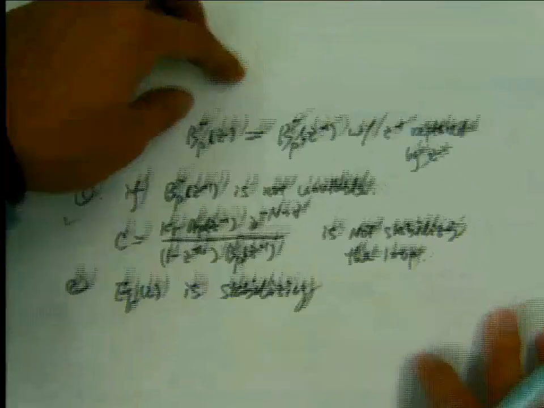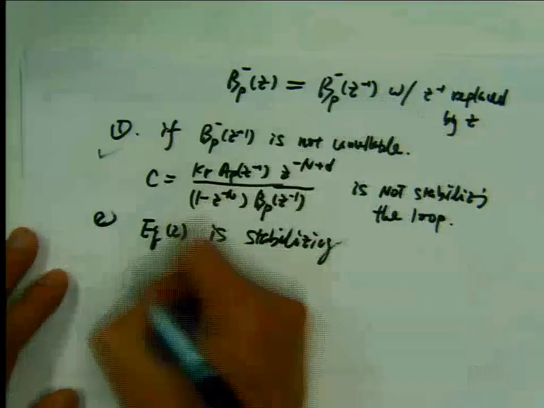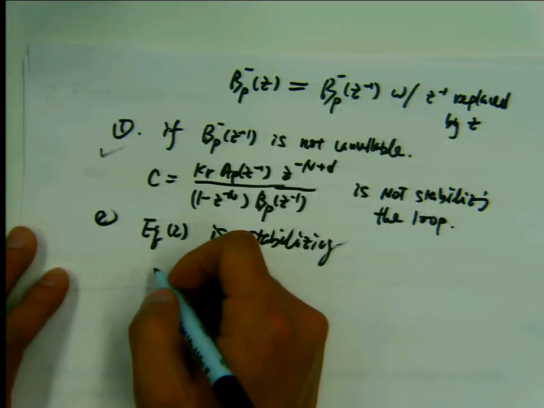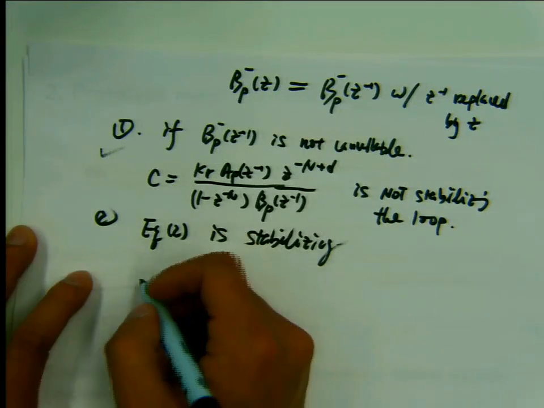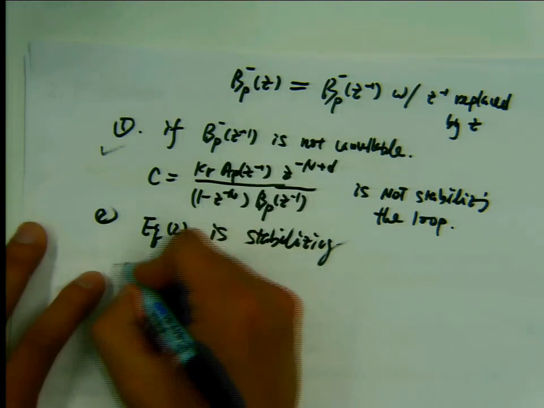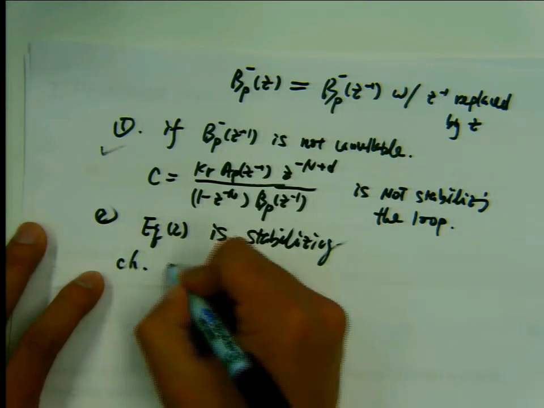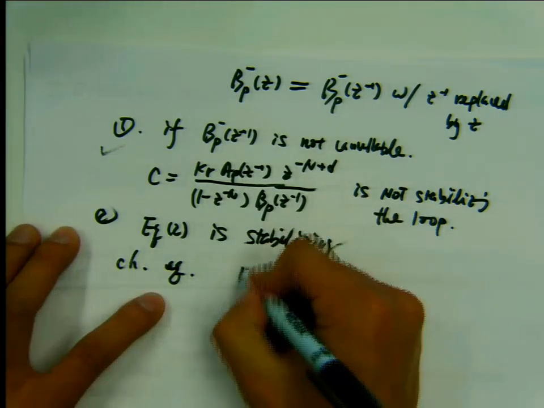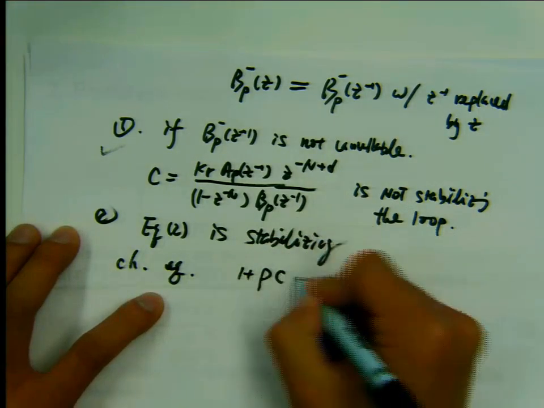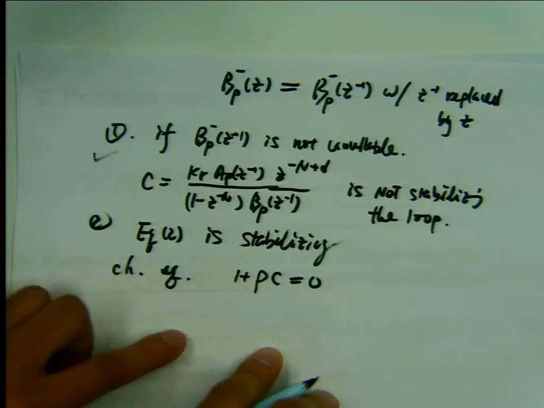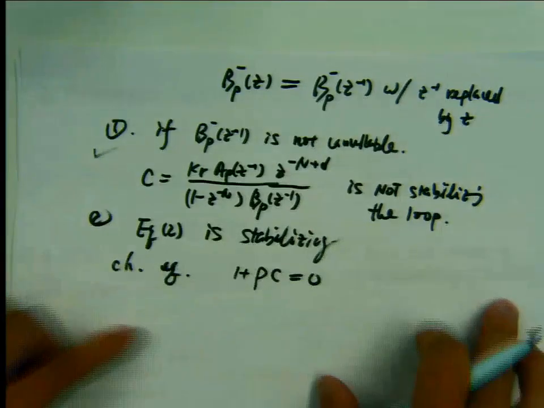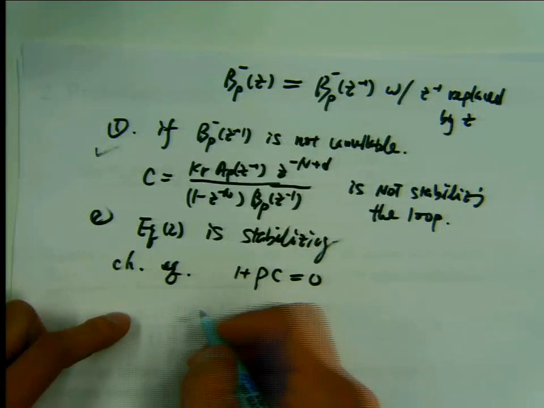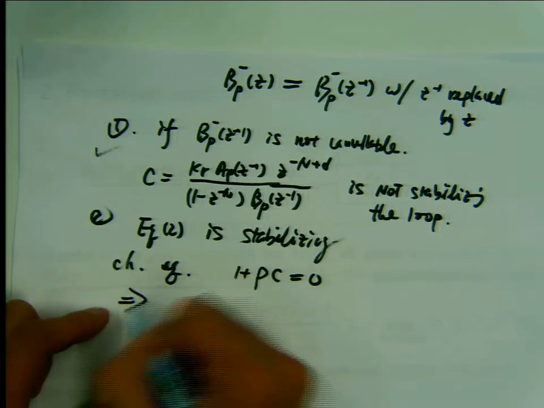So what is the characteristic polynomial you finally obtained? This part should be relatively easy. The characteristic equation comes out of the conventional way, 1 plus PC has to be equal to 0, and you do this factorization. What is the characteristic polynomial? Anyone?